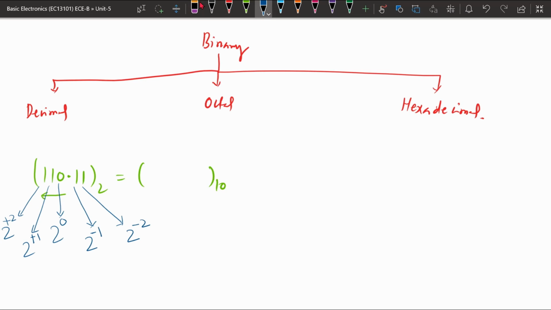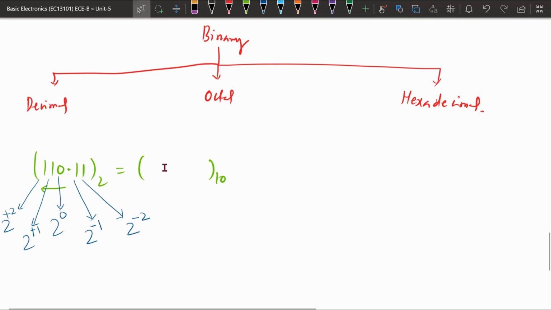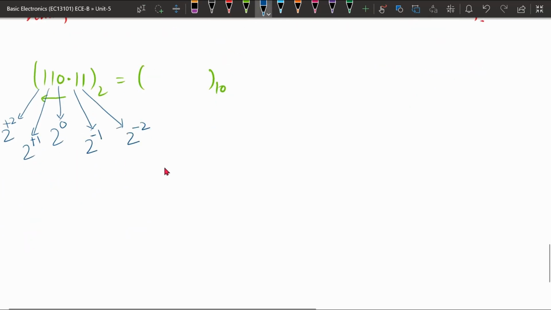So to represent its equivalent decimal number, we will just multiply these weights by their respective digits. On the left hand side, it is 1. 1 was the number, and we will be multiplying it by the respective weight, 2 to the power plus 2, plus the next number, that is 1, multiplied by the respective weight, that is 2 to the power plus 1.